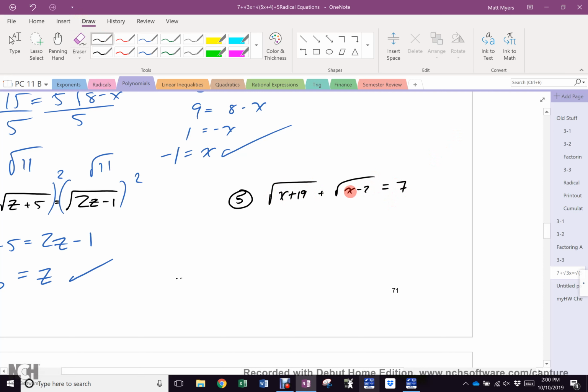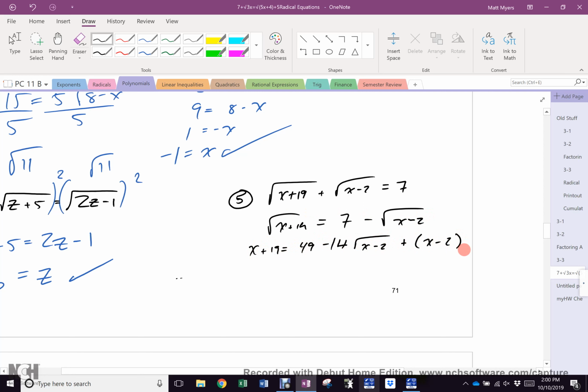So, of course, I do this. 7 minus root x minus 2. Square both sides. Equals 49 minus 14 root x minus 2 plus x minus 2.